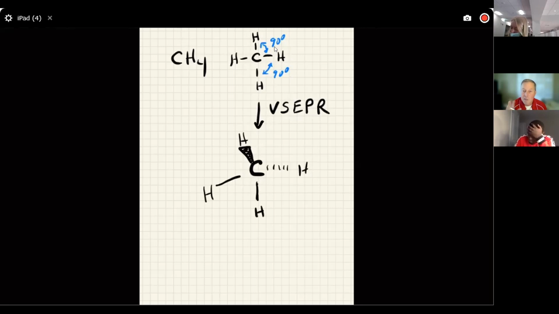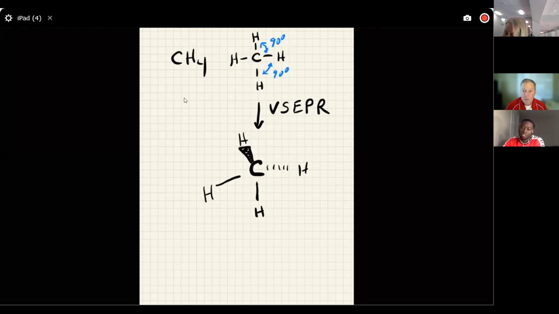There's no difference between what I drew here and what I drew here. All I'm showing you is a 3-dimensional object on a 2-dimensional surface. That's the bad thing about chemistry: molecules exist in a 3-dimensional environment, so putting them on a flat piece of paper requires some creativity. So we use the hashes and the wedges to represent things.